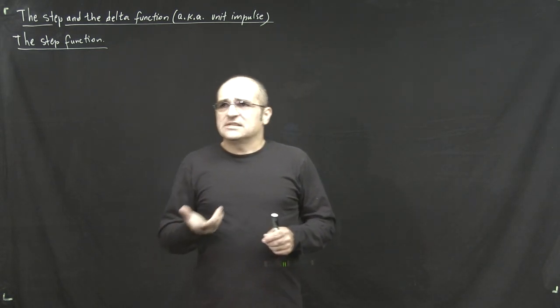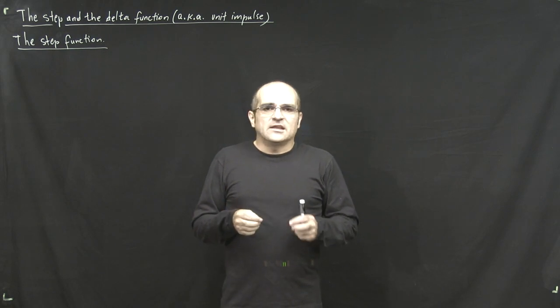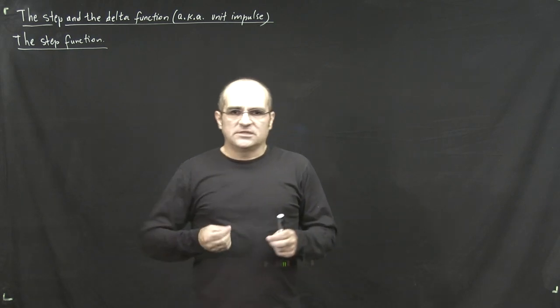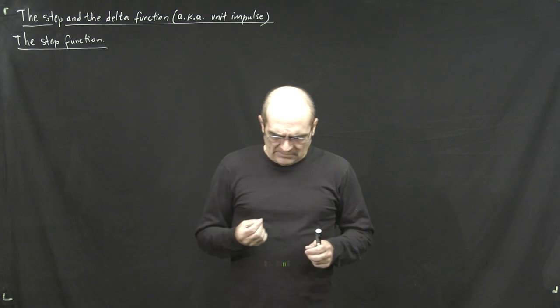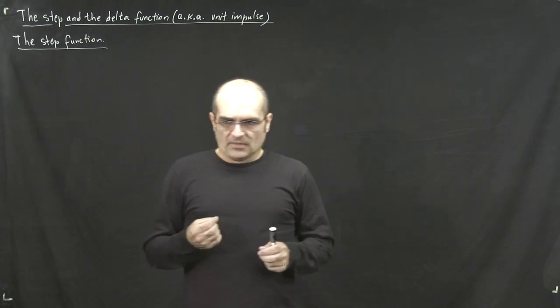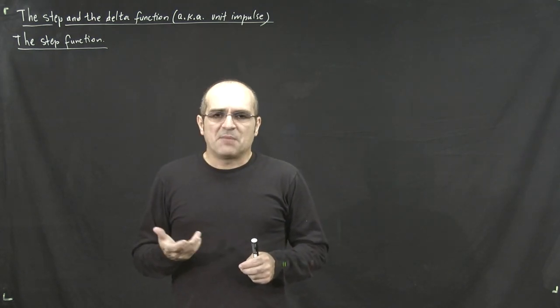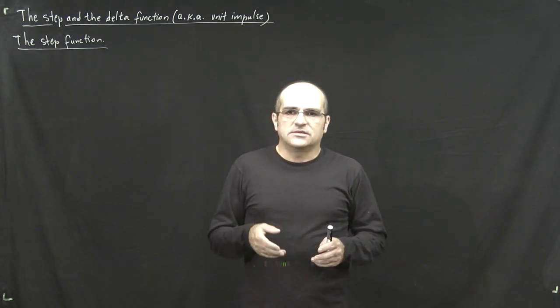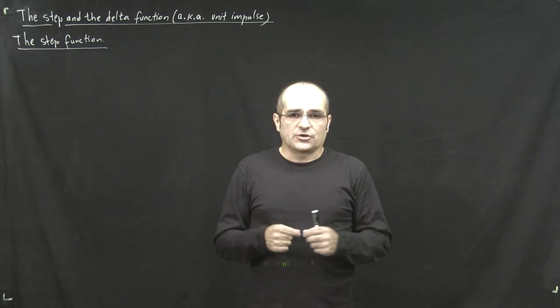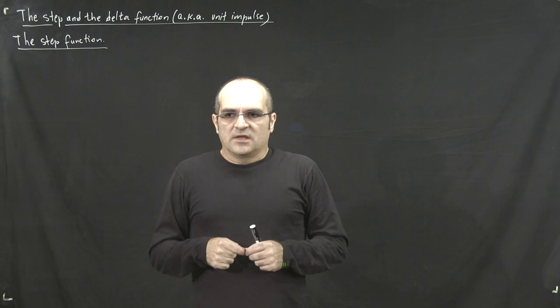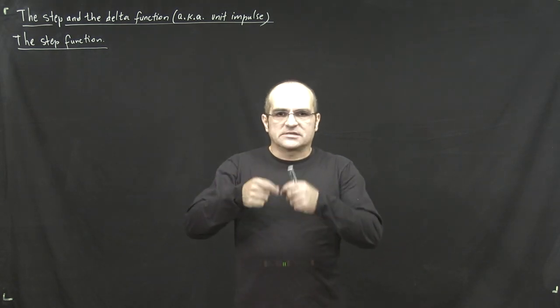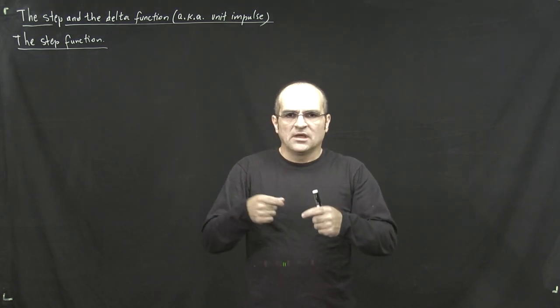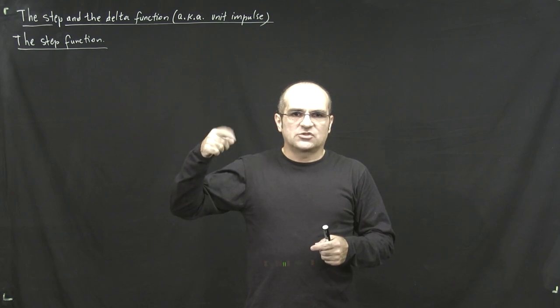So the step function is designed to actually deal in an efficient way with discontinuous functions. Now you may wonder why you need that. Well, for example, let's say you have a model that describes an electrical circuit. And then along the way, as the process moves on in time, you have some switches that turn the current on and off.